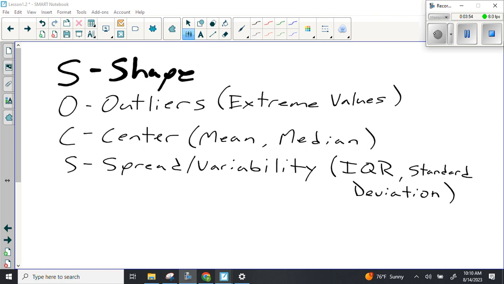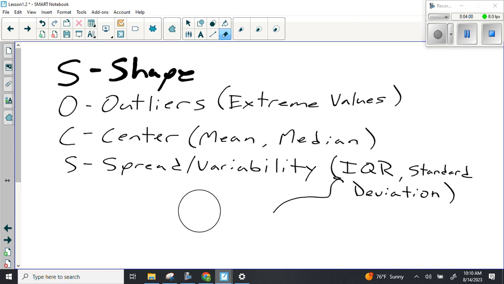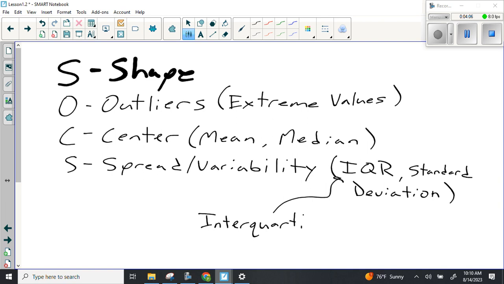All right, so someone asked about IQR. This stands for interquartile range. Those are the most common ones that we'll use. That's what IQR is.